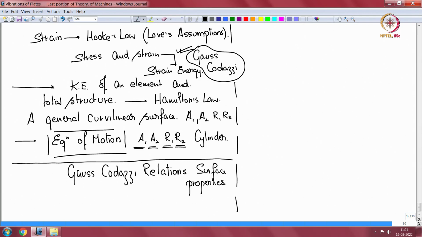One thing we need right at the outset is, let's just take the example of a cylinder or a cylindrical surface.